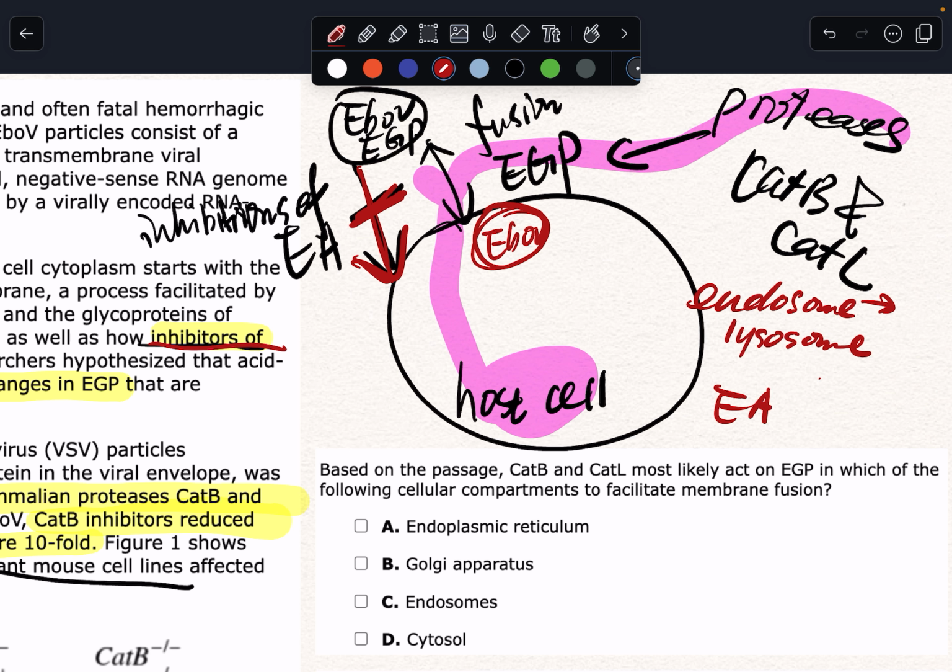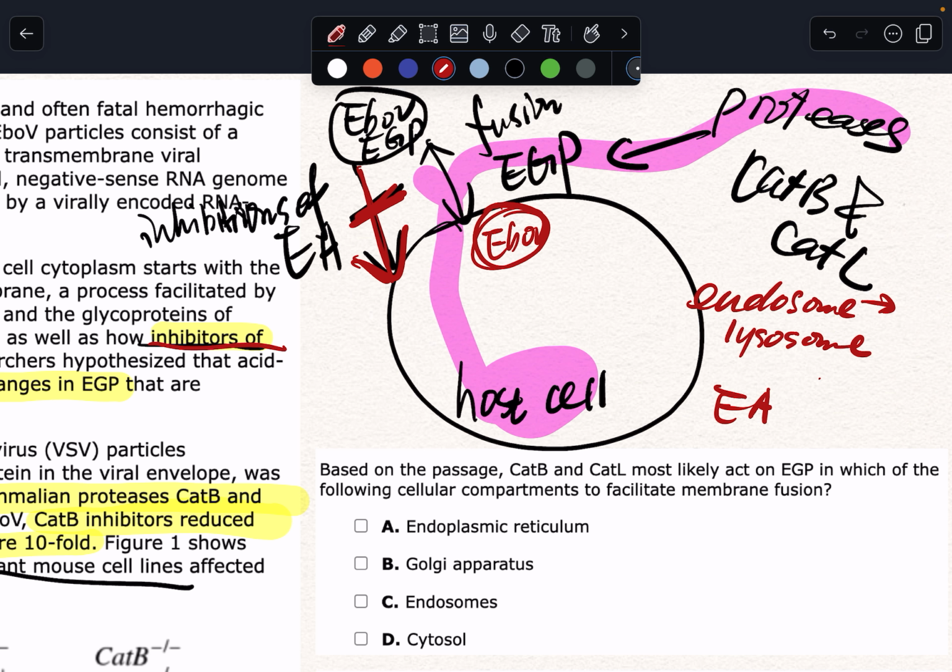What does EA mean? Endosomal acidification. If endosomal acidification is blocked, there is no way... I mean, if the endosome gets acidified, then infection will happen.